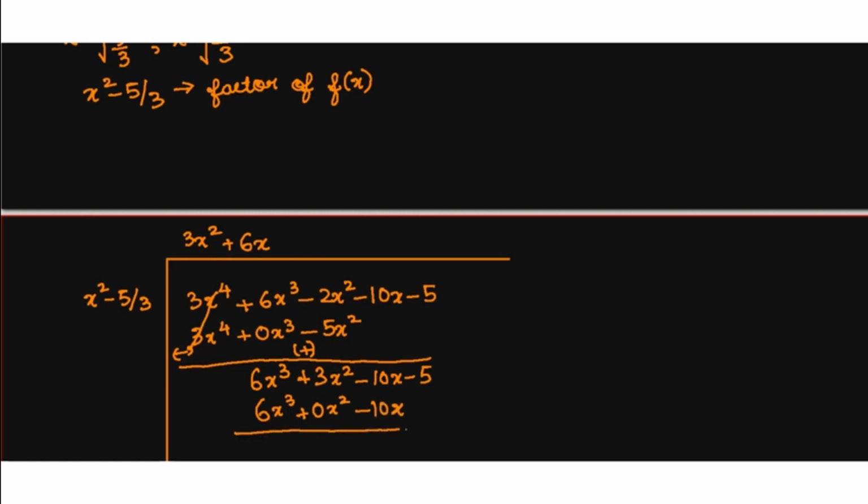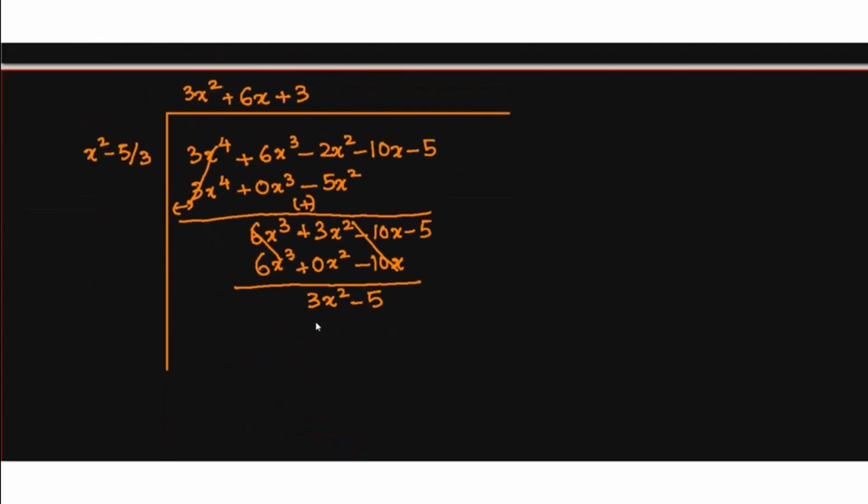First and the third term get cancelled. So I get 3x square minus 5. So when I add it with plus 3, I get 3x square minus 5. When I subtract it, I get a 0. Now when I factorize this term, 3x square plus 6x plus 3 is equal to 0.